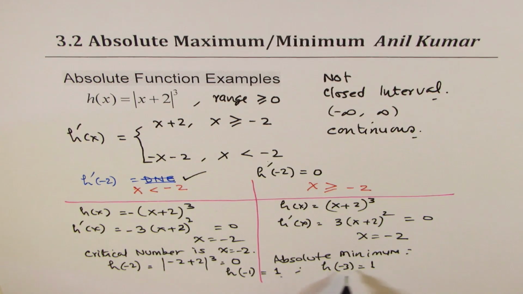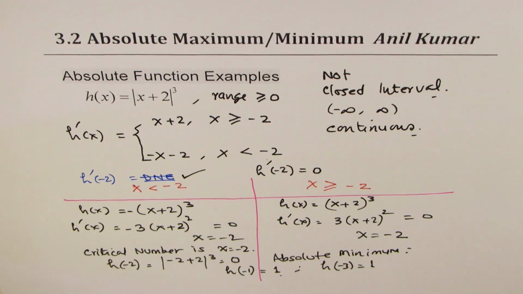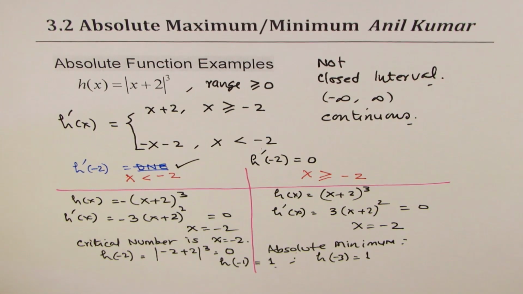Both are higher, 1 and 1, and so we can say 0 is the least value of this function. And we can conclude that all of the values are higher than this value, and therefore this is the absolute minimum value, correct? So that becomes our answer for the given question.